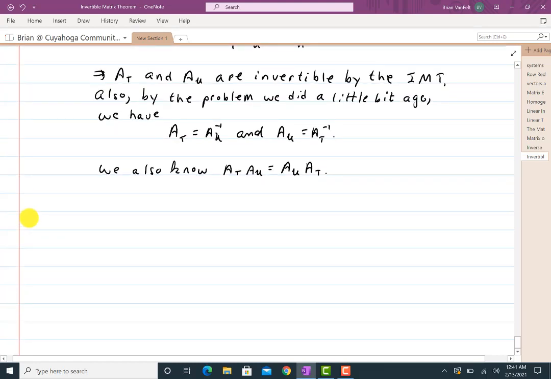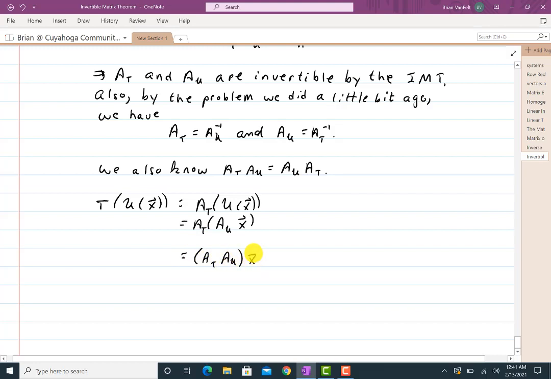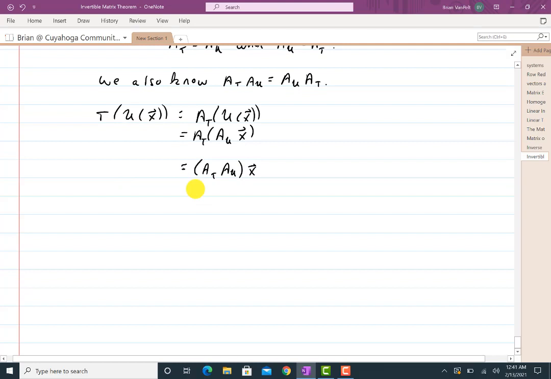All right, then what we can do is take a look at our original mapping, T of U of x. That was equal to A_T times U of x, which is A_T, A_U x, which equals A_T A_U times x. Now let me turn them around.